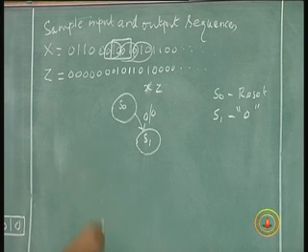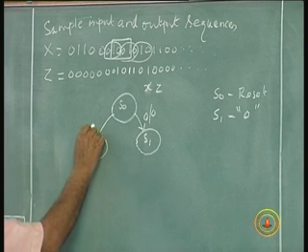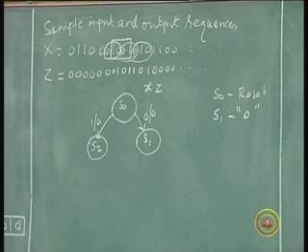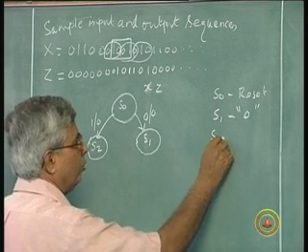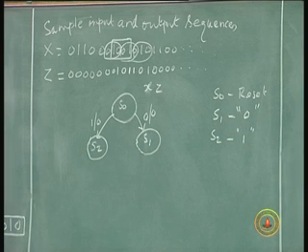If it is a 1, go to another state, x is 1, z is 0, output is 0. This state would have been registered or memorized or recognized, whatever you want to call it.